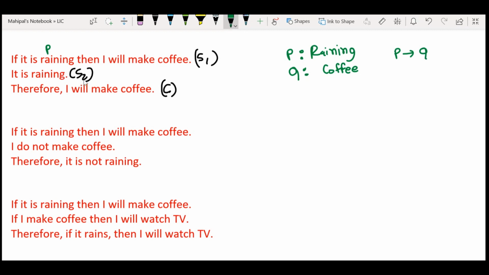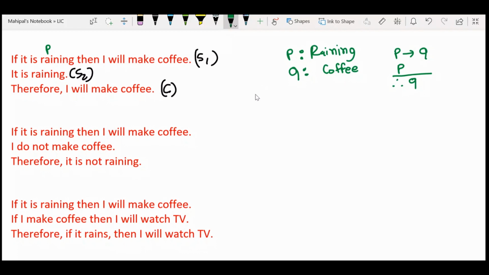And the second statement is saying, it is raining actually. So that means we are saying the statement P is true. If these two things are given to you, then we conclude that I will make coffee, and coffee corresponds to Q. Okay, fine.